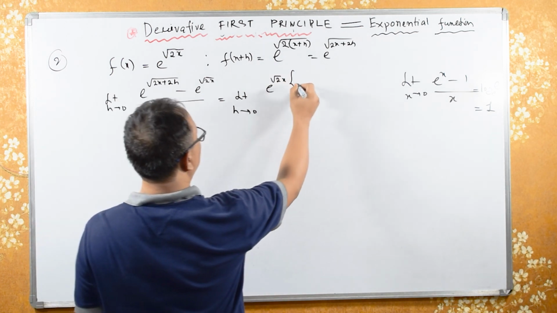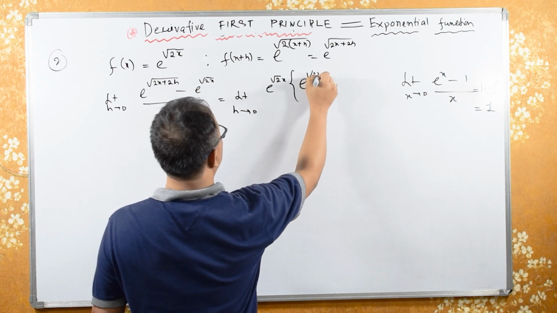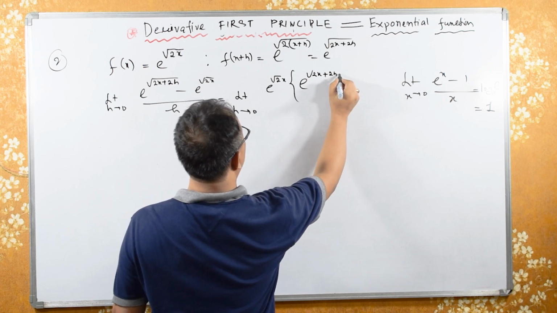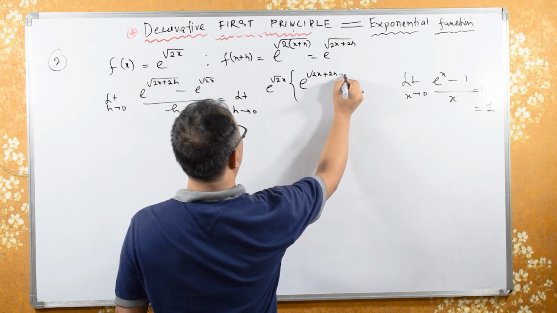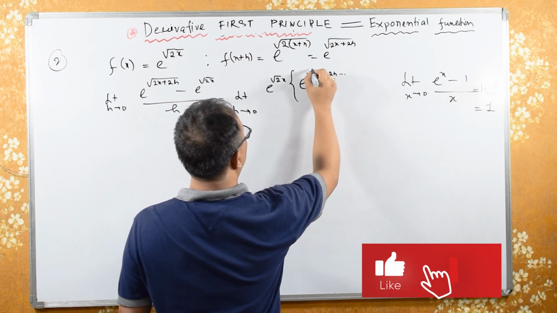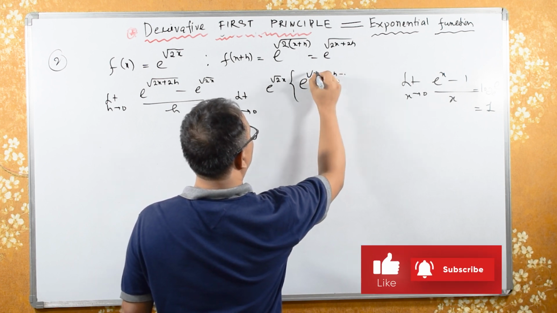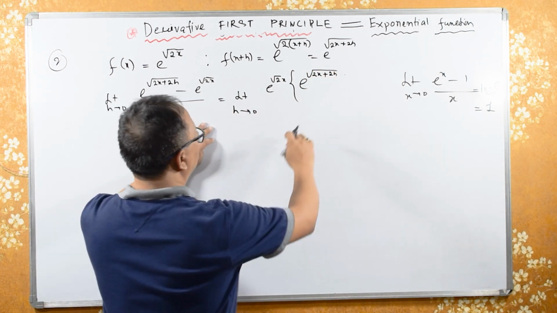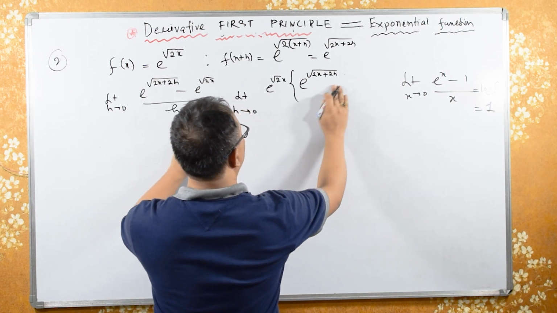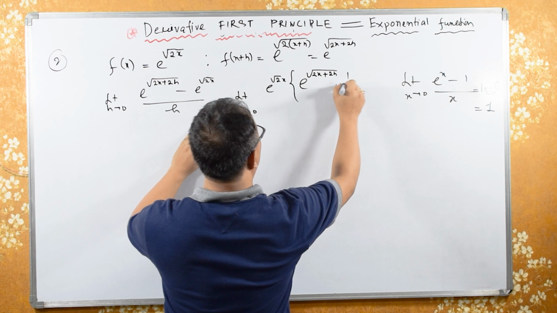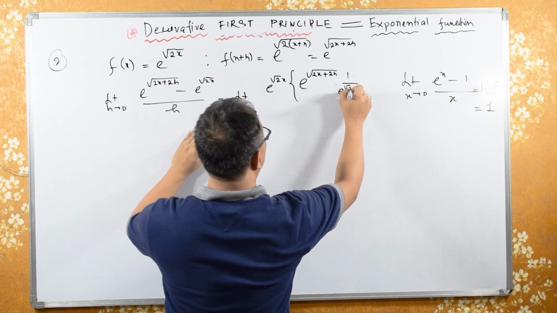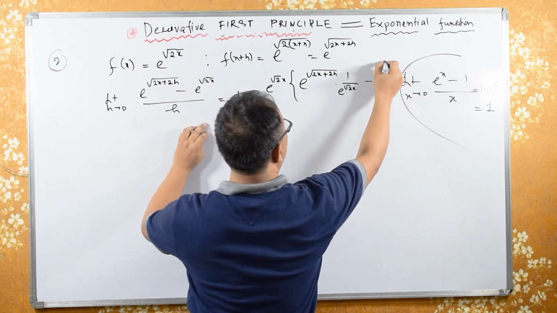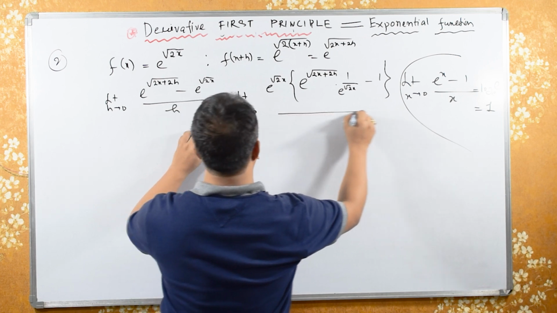It is the same as e raised to root of twice x plus 2h, into 1 upon e raised to root 2x, minus 1, upon h.